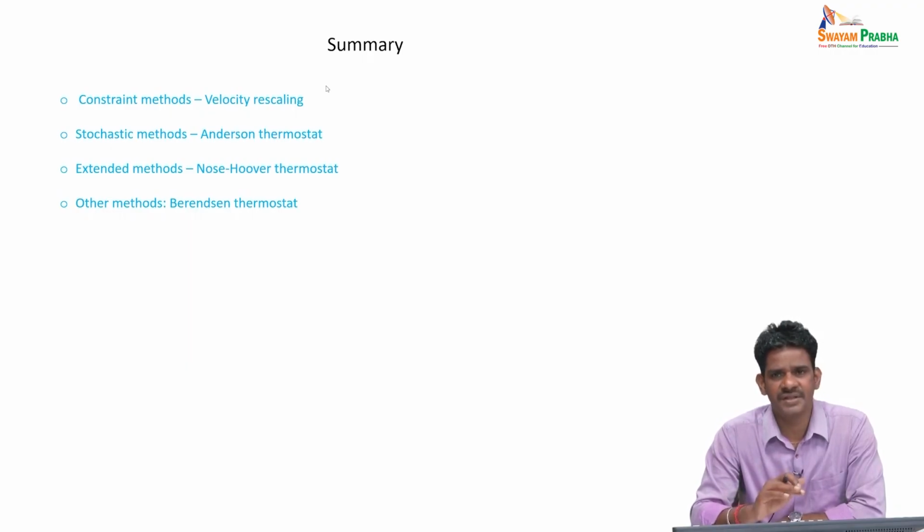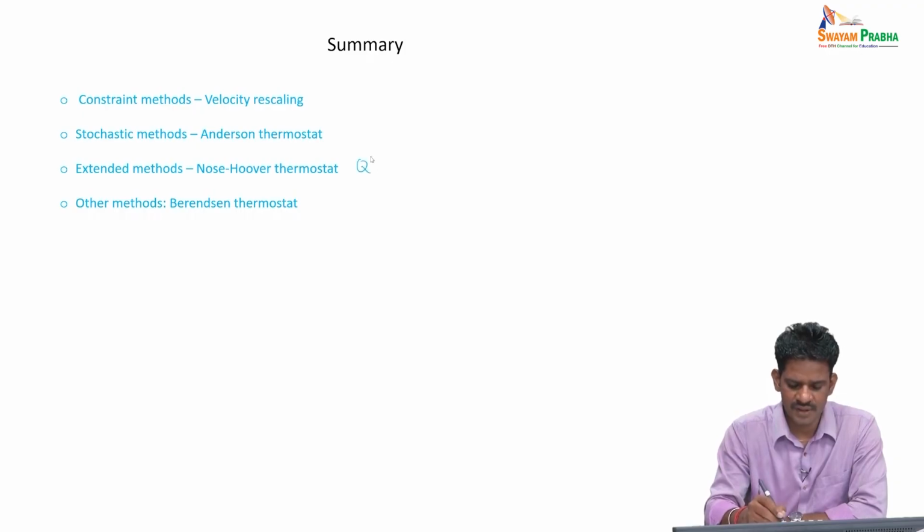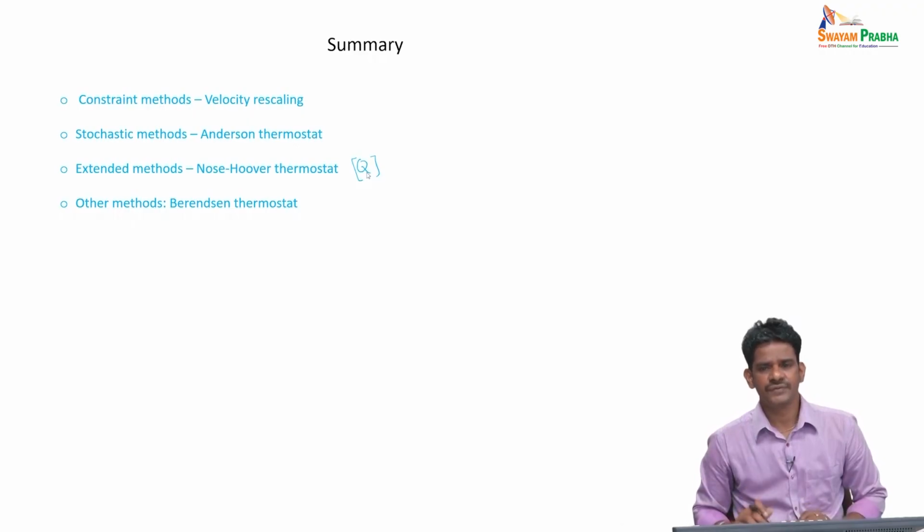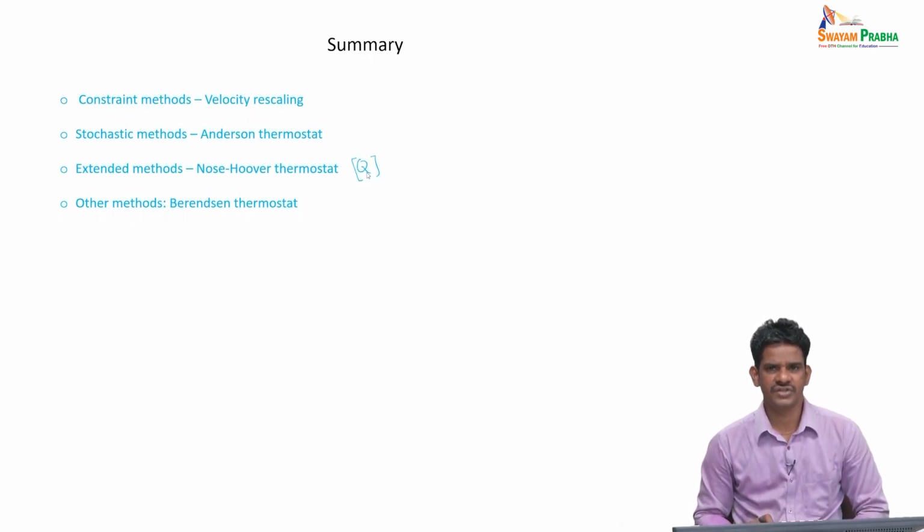And then there are some extended methods, and there are many variations of extended methods, but one example we saw, which is known as the Nose-Hoover method. The idea behind extended methods is that we give additional degrees of freedom to account for the interaction with the surrounding, and then we can also control the strength with which the system and the surrounding is coupled by the parameter Q. And there are many other methods like Langevin, Parrinello-Rahman thermostats, and so on.